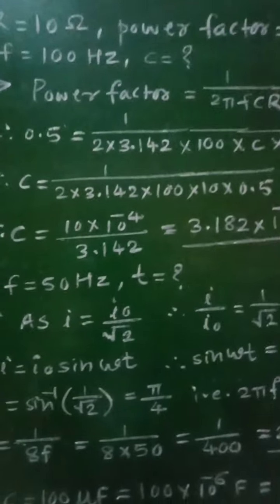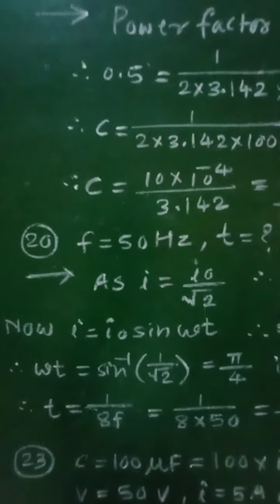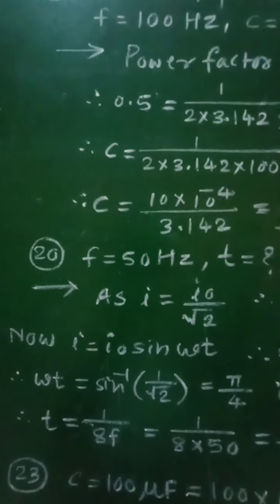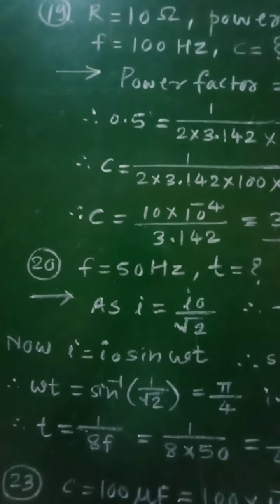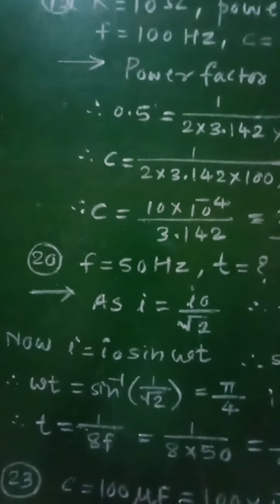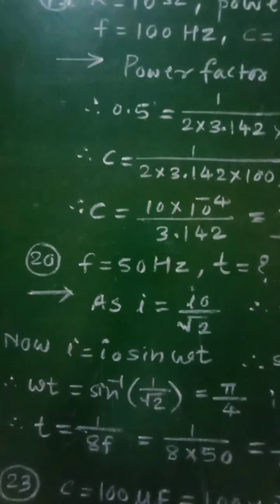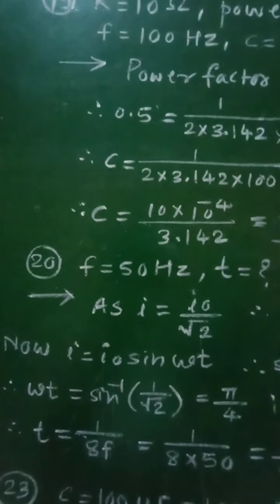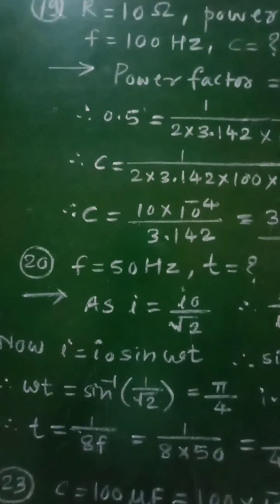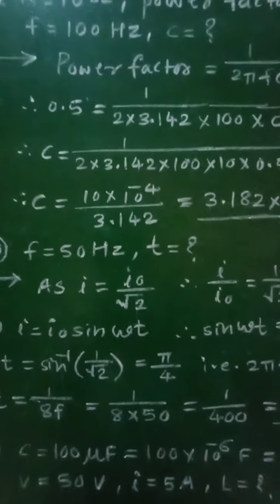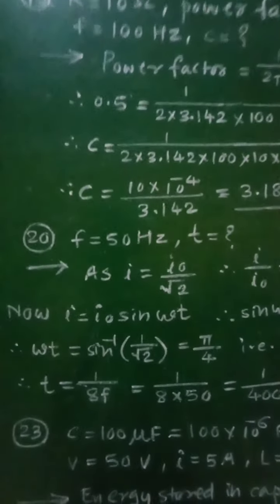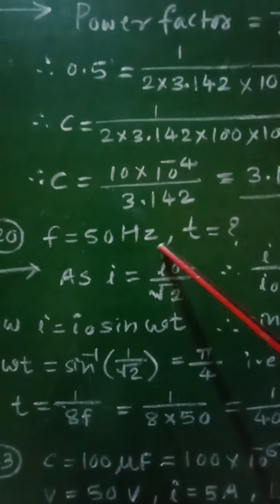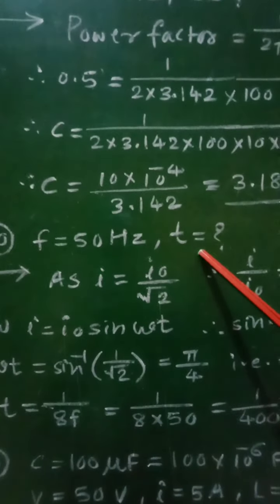Then we will go for next numerical, that is numerical number 20, which is given as: find the time required for a 50 Hz alternating current to change its value from 0 to the RMS value. And therefore, for this numerical, given data is frequency f is equal to 50 Hz, and we have to find out the time required, t.